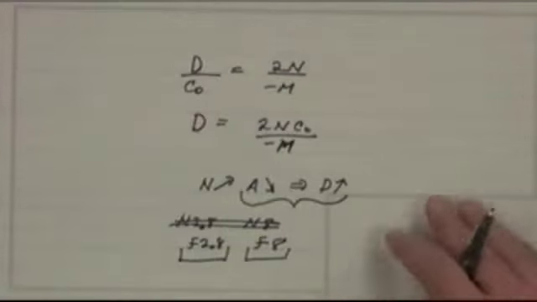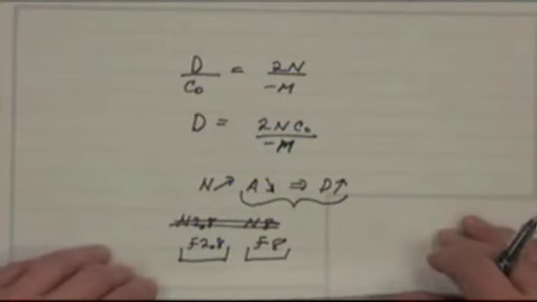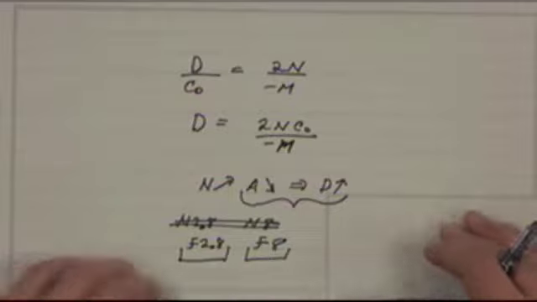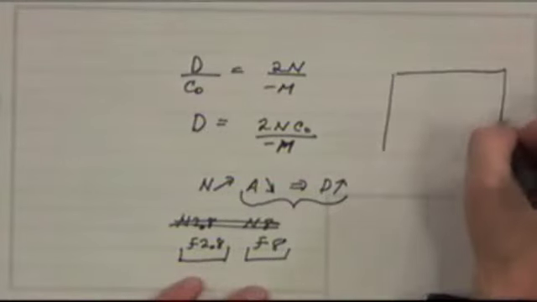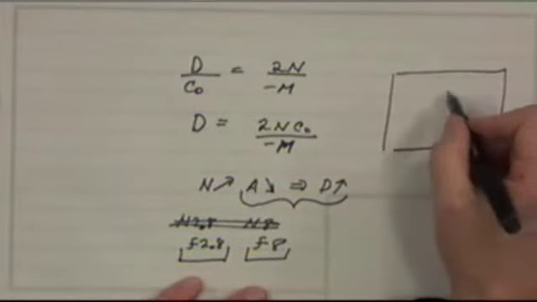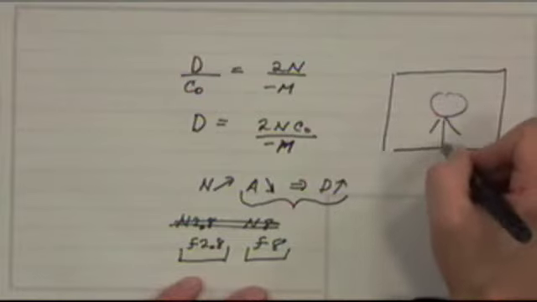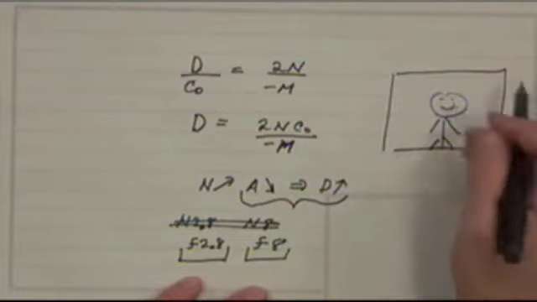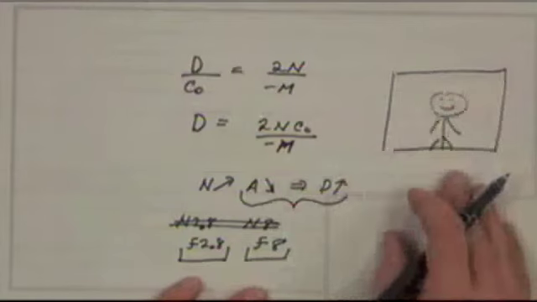People also use this for artistic purposes. If you're taking a picture of a person in front of a background, like a scene here, and there's a person here, you want the person to be in focus, but you don't want the background to be in focus. You want the background to be blurred out.